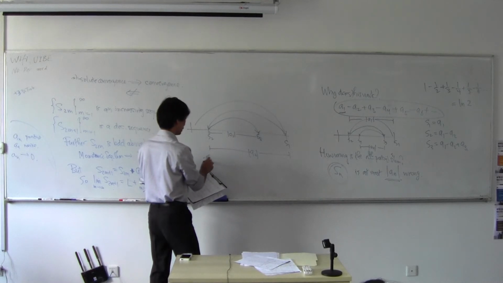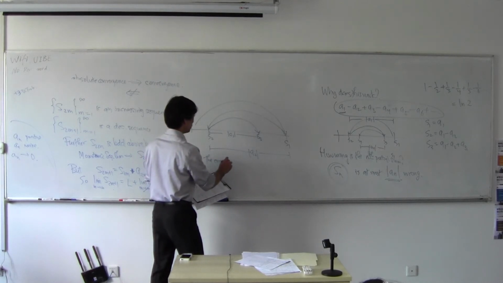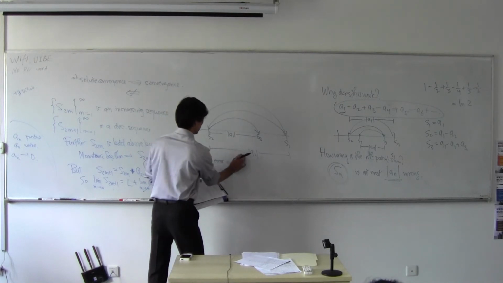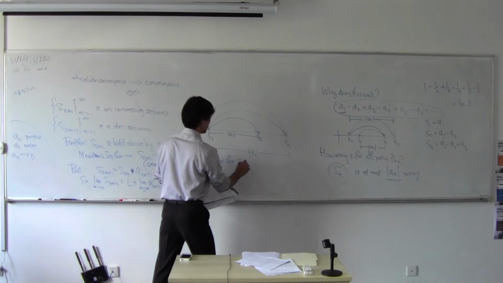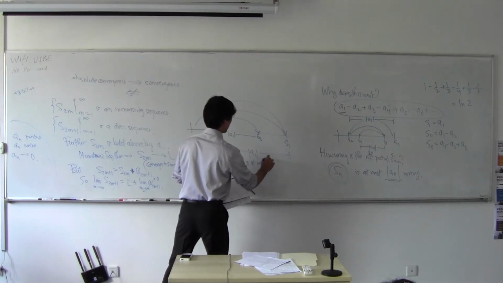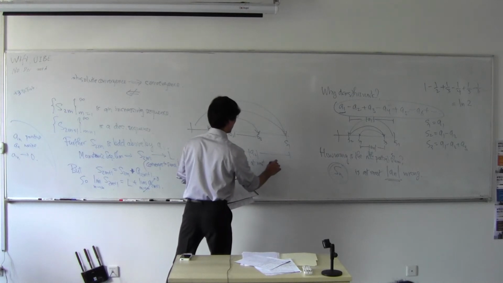The error for the nth partial sum is at most A sub n.